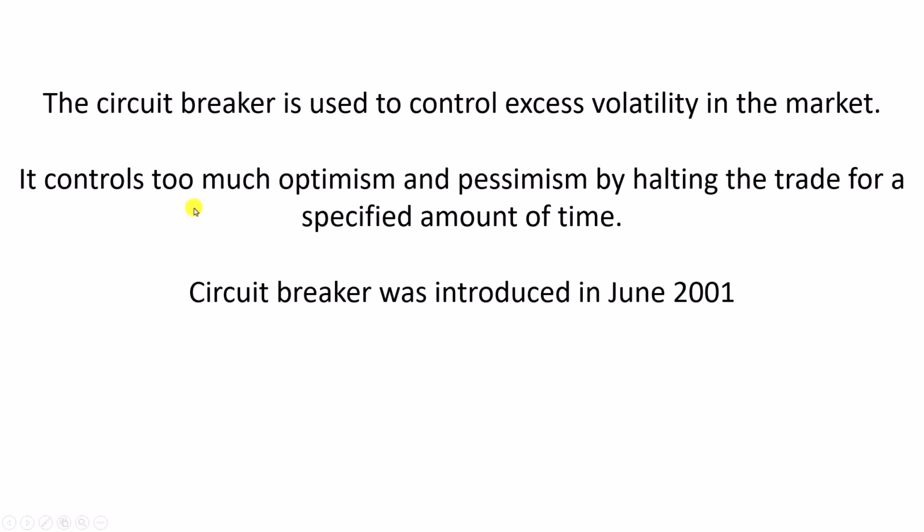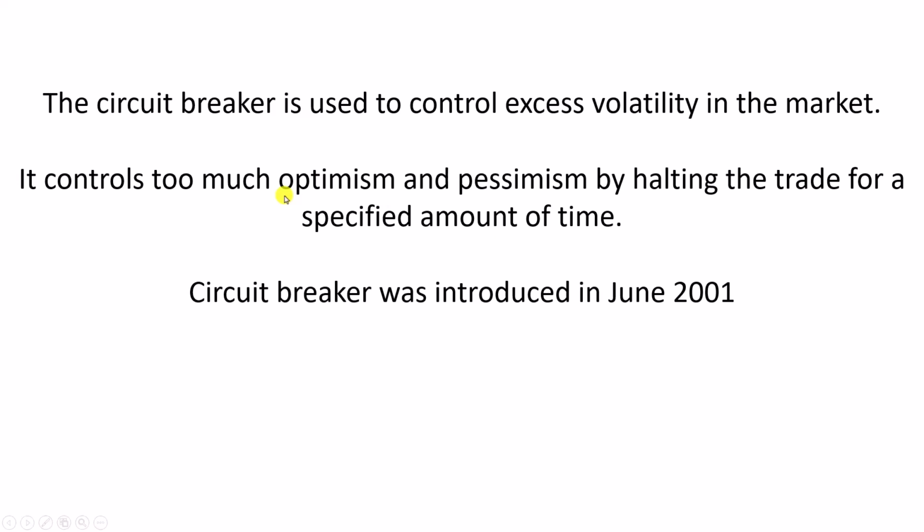Now, this happens due to too much optimism or too much pessimism. Okay. So, the circuit breaker controls too much optimism and too much pessimism by halting the trade for a specified amount of time. Okay. If there is too much optimism or too much pessimism, then the investors can lose money.